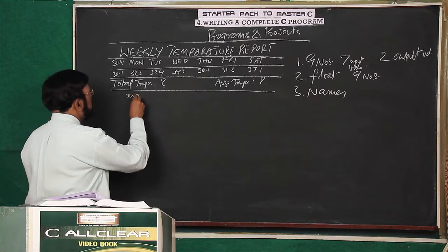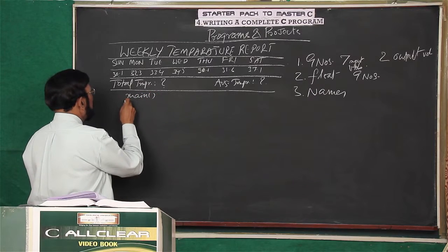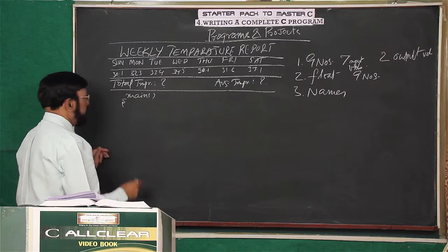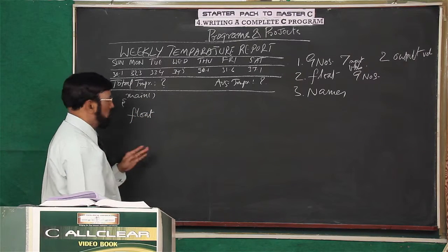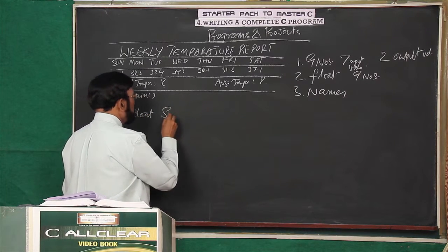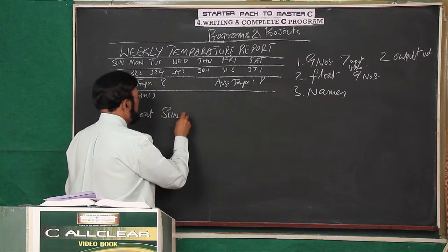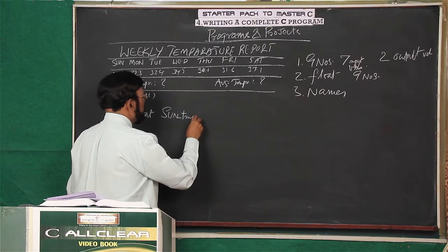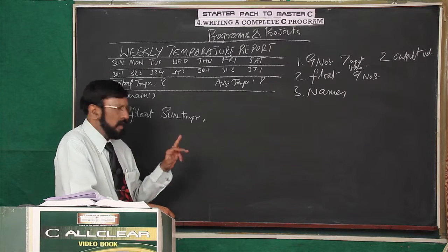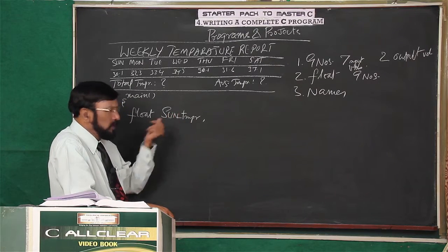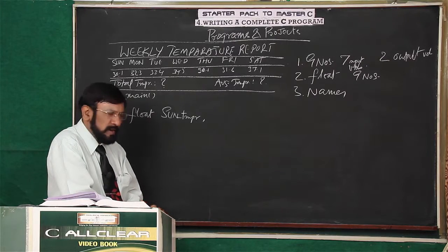And this is your main. Then float, float. Now you write sun temperature. As a matter of convention, all identifiers we give in lowercase.